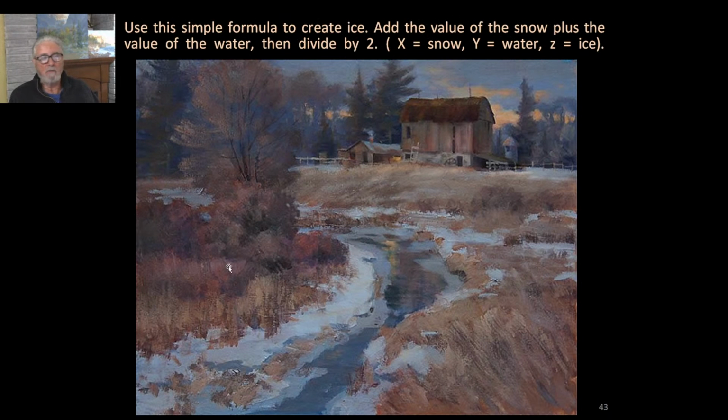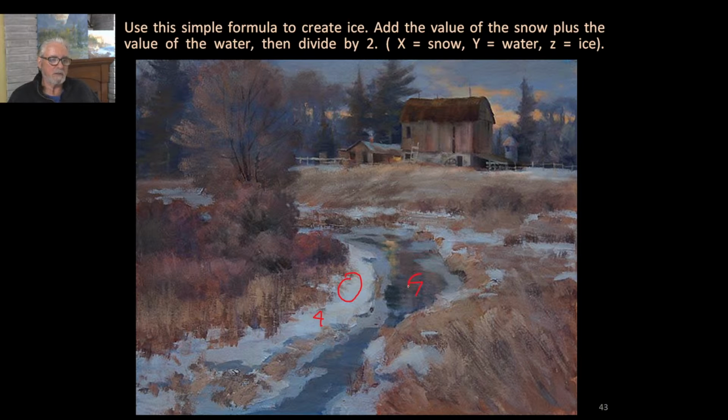Okay, here's a simple formula to create ice. My formula is a little bit confusing, but if I do it visually, you'll understand. You take the value of the snow over here. Let's say that's a value 4. Then you take the value of the water, which is a 7.